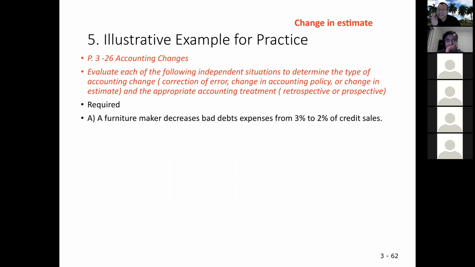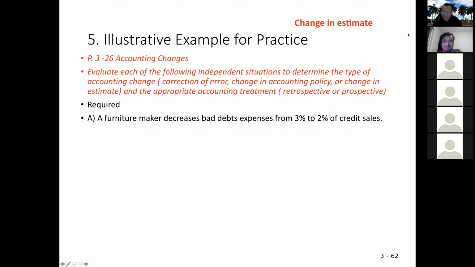Good. The accounting policy is always a percentage of credit sales, but the estimate is changed from 3% to 2%. Maybe the economy is doing well. Their customers have money and are able to pay. Therefore, the 3% is reduced to 2%. And you can see I even have the answer here: change in estimate.